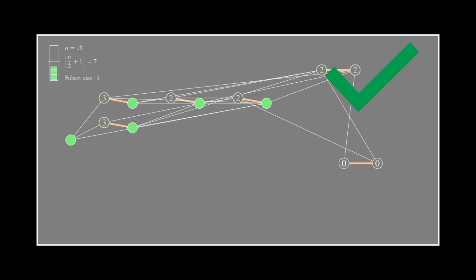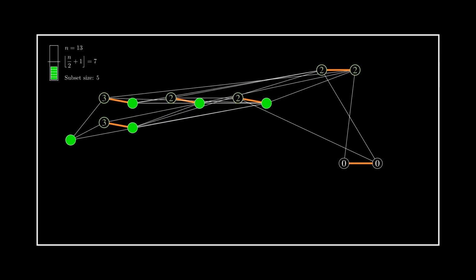Actually, let's be a bit more careful. There's a potential problem. Remember, in this case, there are some unmatched nodes. It would be quite inconvenient if one of the unmatched nodes became a unique neighbor at some point, because it wouldn't have any match that we can add to its subset. Here comes the beauty of this proof. Such a situation can never happen.